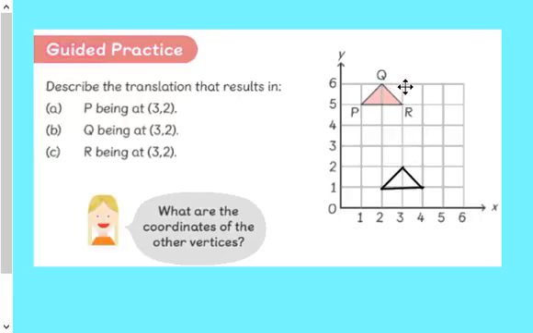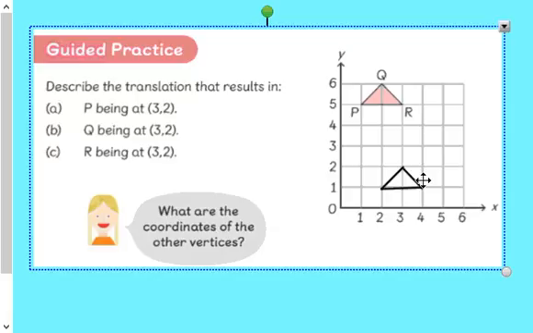So it will be 1 right and 4 down. And we would need to do that with the other 2 points as well. So 1 place to the right, and then 1, 2, 3, 4 down. And then R is going to be 1 to the right, and then 1, 2, 3, 4 down.